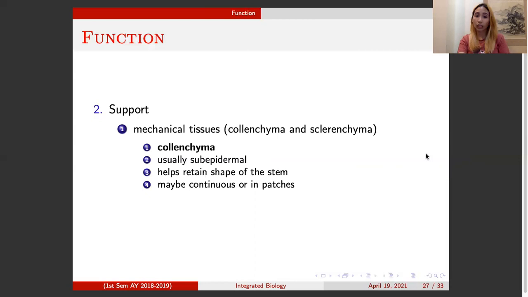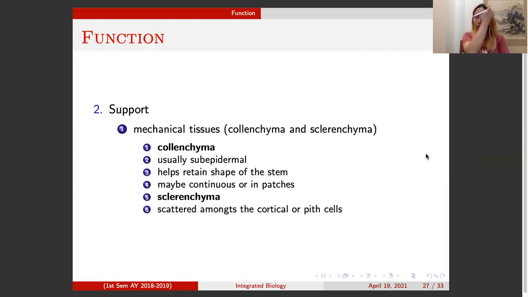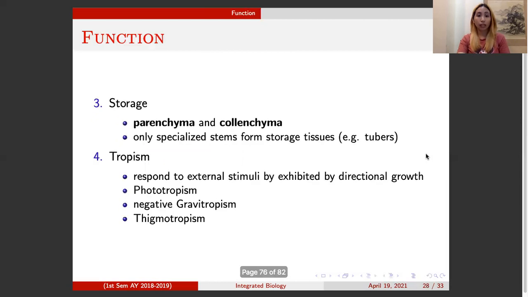It helps retain the shape of the stem and may be continuous or in patches. Okay, and then of course we have sclerenchyma, the one that is most sturdy in terms of the tissues, right? And they are normally scattered amongst the cortical or root cells. And that is how support is actually done, right, by the stem because of the presence of these tissues.